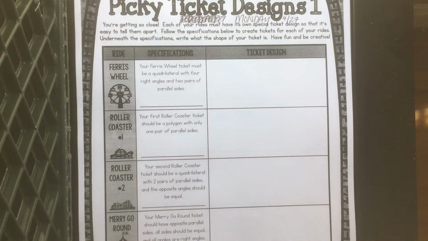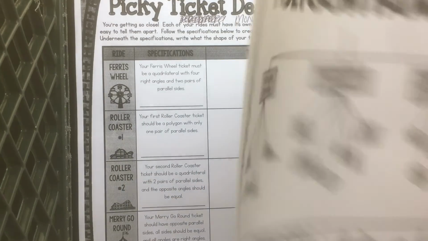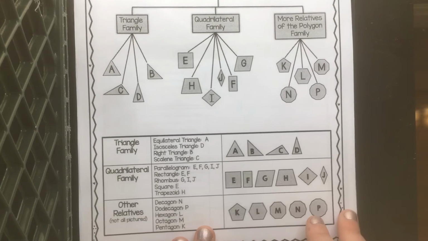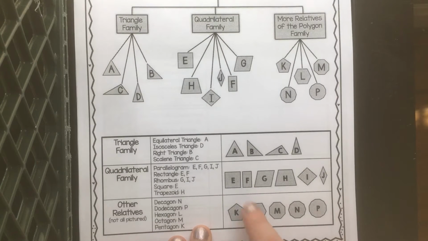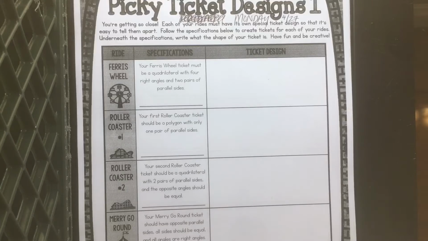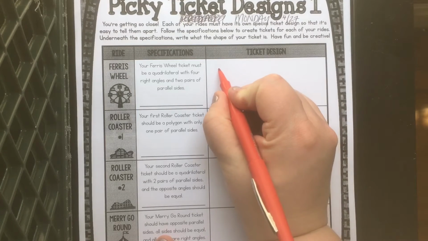If you need to go back and reference it, you can, but quadrilaterals, that's these ones. Which ones have 2 sets of parallel sides? These ones have 2 sets of parallel sides, but which ones have 90-degree angles? Your square and your rectangle, right? So you can create a ticket that's either going to be a square or a rectangle.